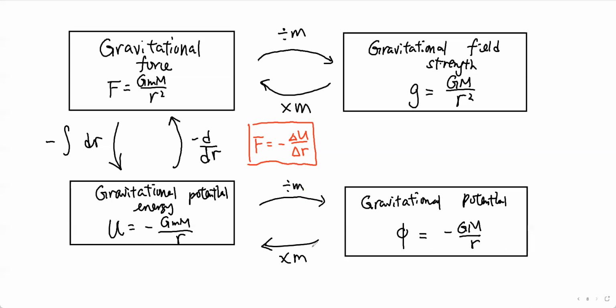You see, force divided by mass gives field strength. Potential energy divided by mass gives potential. So that means the field strength and potential should also have the same relation as force and energy. Understand? So it's exactly the same.